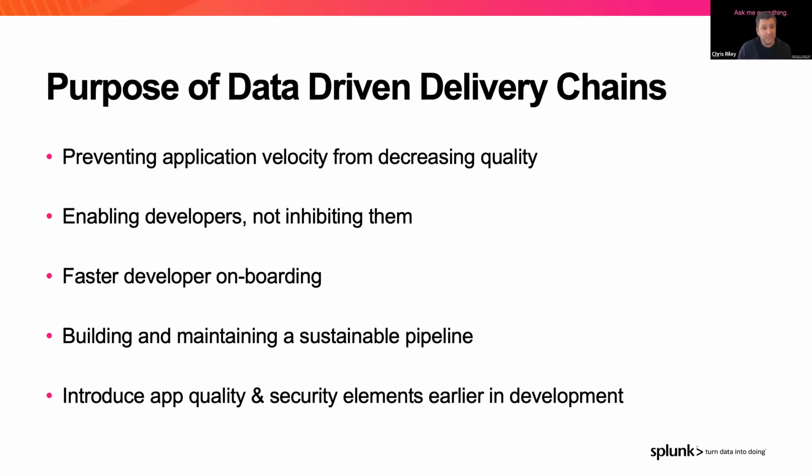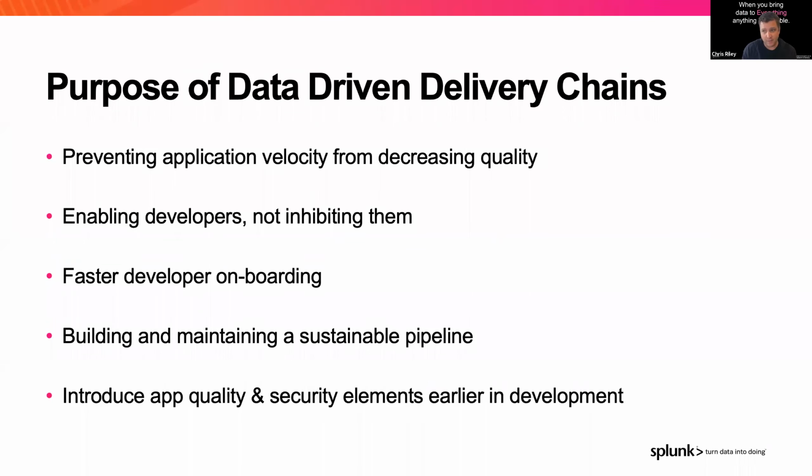One thing that is important, especially as you look at the hiring rates a lot of times in technical organizations, onboarding of developers can be very difficult. You need to get them up to speed very quickly. Data-driven delivery chains help with that because it unifies the environment. It makes it easy to understand what is going on and how to get involved.